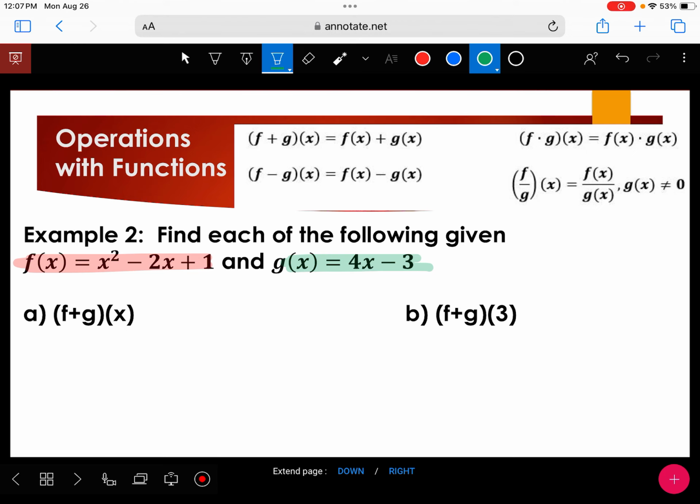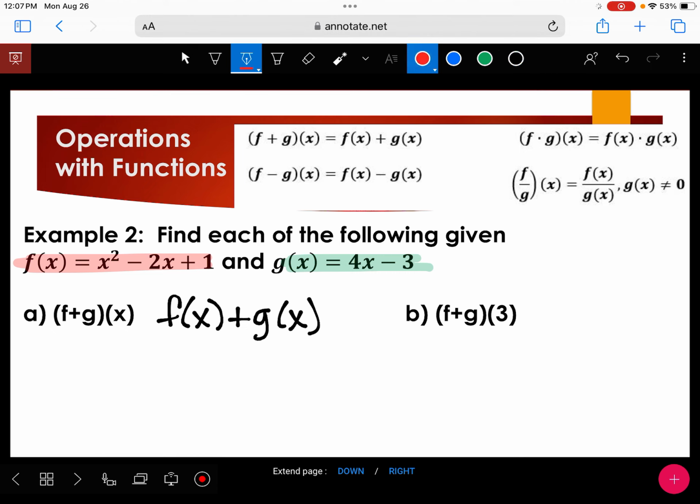So we have to add them. So you're simply adding f of x and g of x. So when you see this, this means add f of x plus g of x. That's what that means.